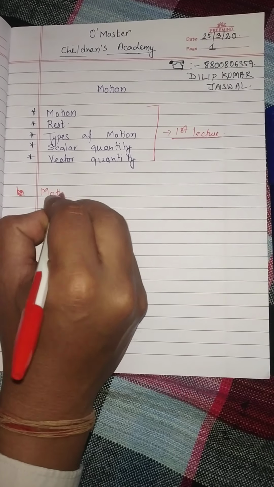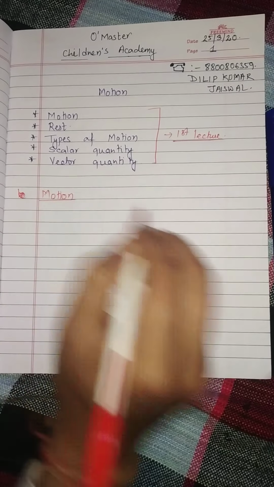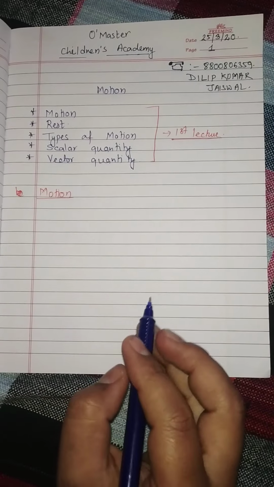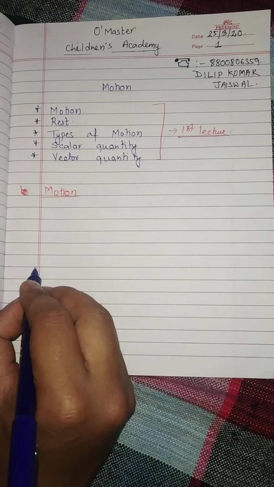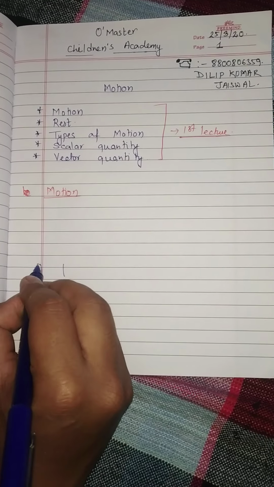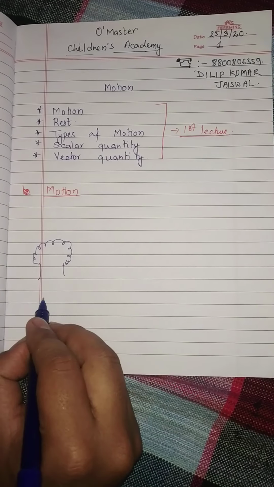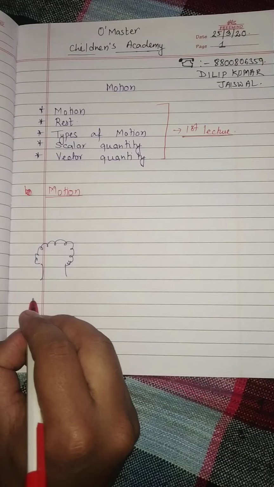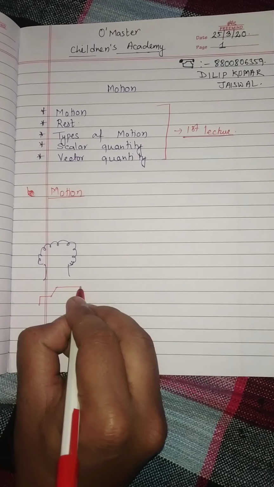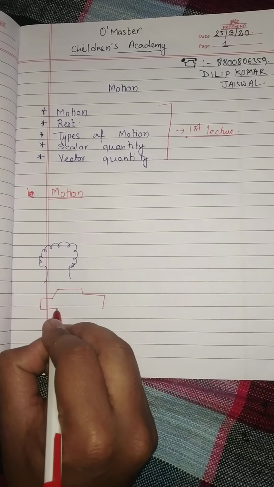Let's say what is motion, but before giving a definition, we'll deal with one example. Let's say this is a tree. Just take the example, and here is a car. Simple example I'm giving you.